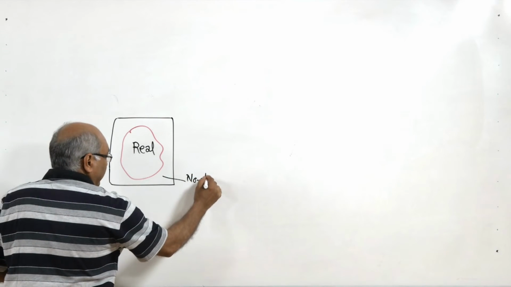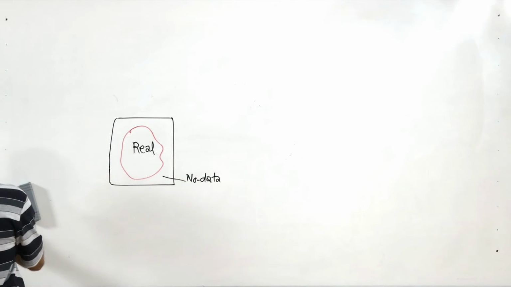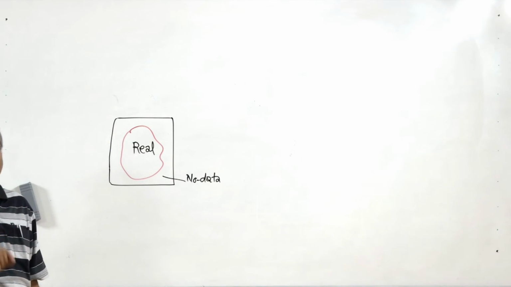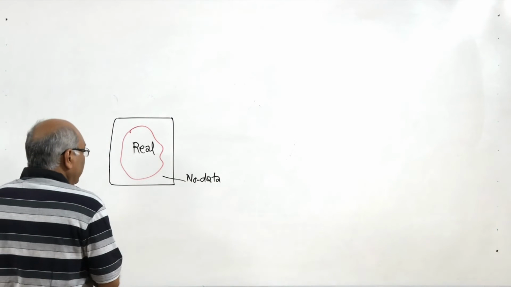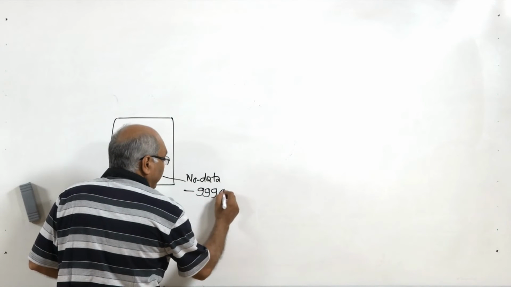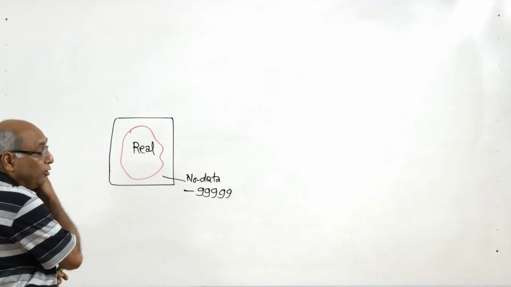And no data doesn't mean zero value. No data means some value which is declared to the computer as my no data value. For example, it can be a value like -99999. Now why these kinds of values?